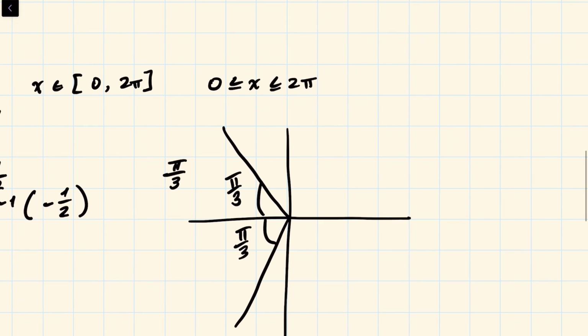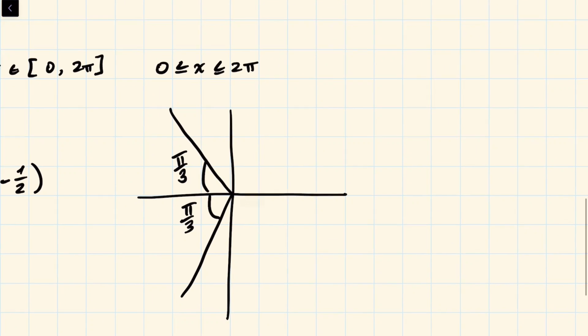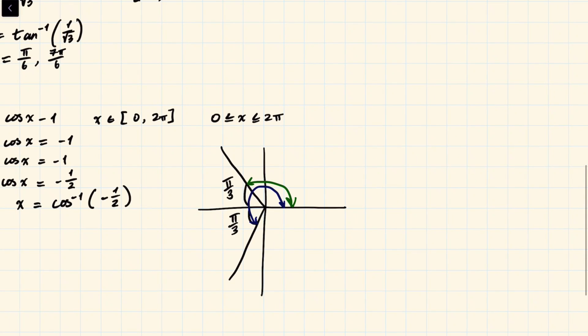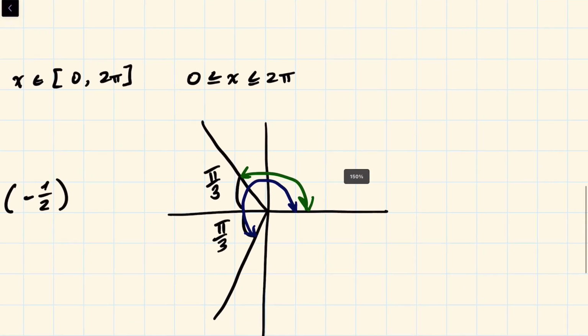Okay. So we again have two possibilities, right? This first angle here we want to find, this green one, and we also need to find this one, because in both cases the cosine of it is going to be negative, right? But pi over 3 is like the core angle in both cases.